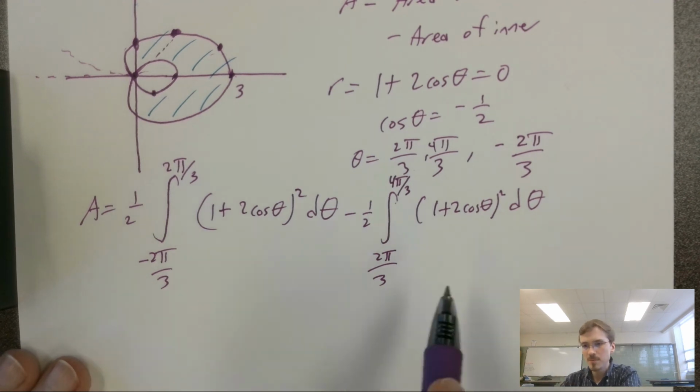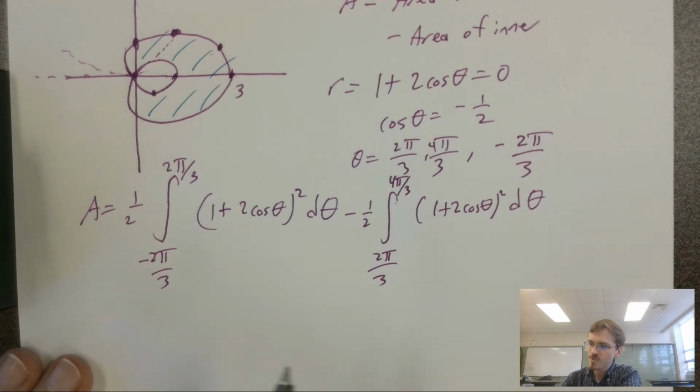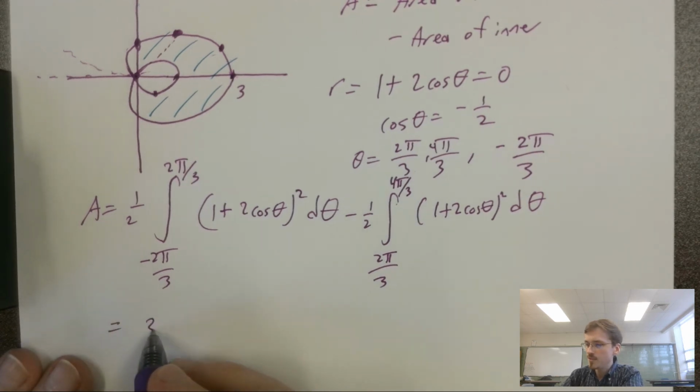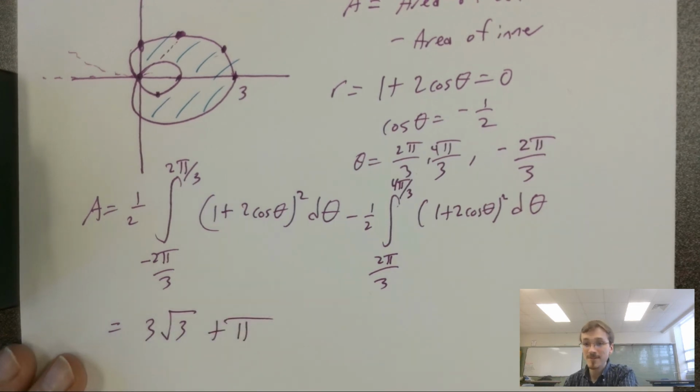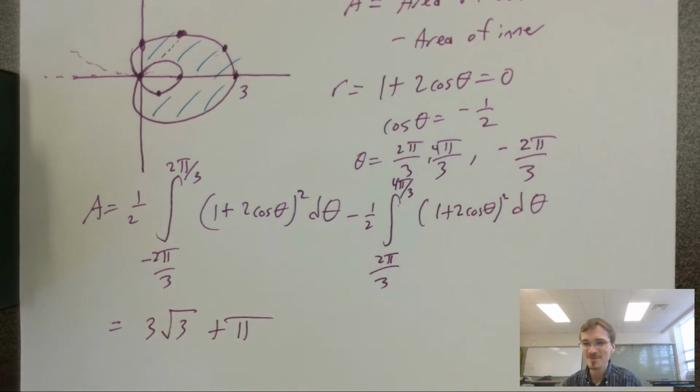It's the same double angle identity that we've used a few times now, so give it a shot yourself. All right, and hopefully we see that the answer is 3√3 plus pi, unless I've made a mistake, which could definitely happen.